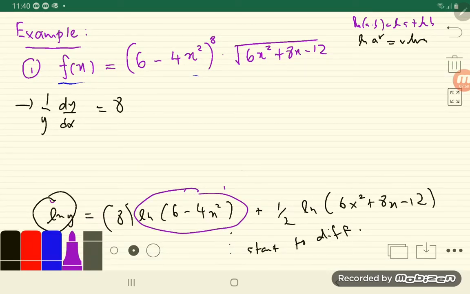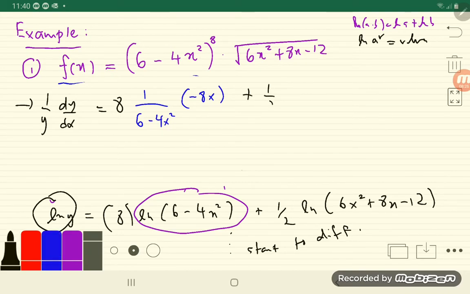Again you need to refer to last week's formula: you get 1 over u, which is 1 over (6 minus 4x squared), and then differentiate negative 4x squared, here you get negative 8x, and then plus 1 over 2, you write it again.